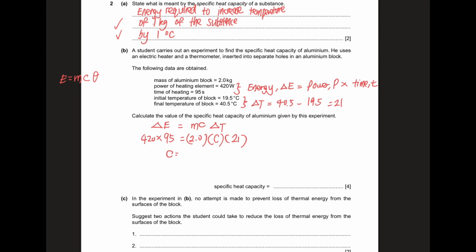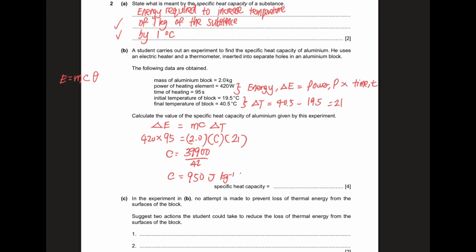Let's press with the calculator. 420 times 95, 39900. Then 39900 divided by 2 times 21, which is 42. So 39900 divided by 42, we get 950. From here you will realize something. They don't tell you the unit. You must put the units on your own.